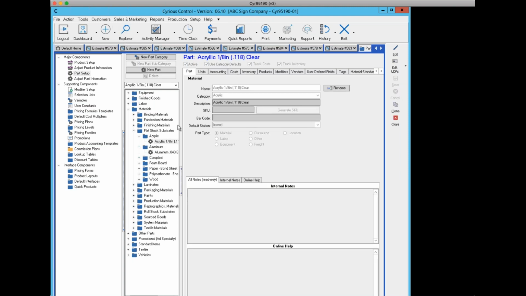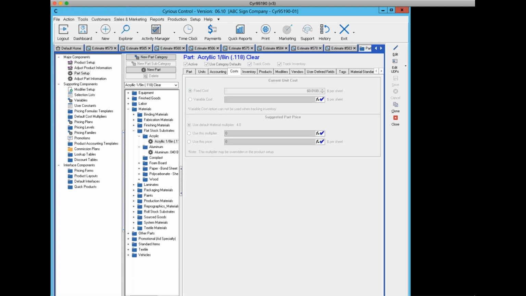Okay, the acrylic was at $60 a sheet, and using a 4 times multiplier for the substrate itself. The aluminum is $120 a sheet, and it is also using a 4.0 markup.